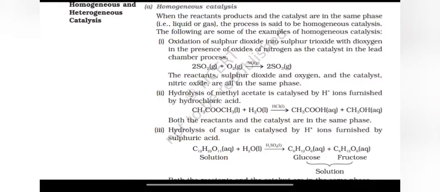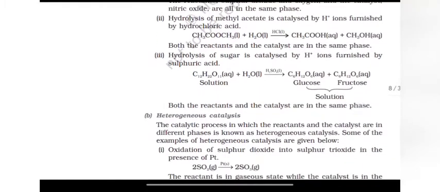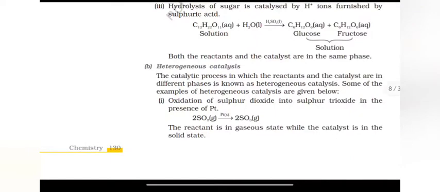The reactants sulfur dioxide and oxygen and the catalyst nitric oxide are all in the same phase. Hydrolysis of methyl acetate is catalyzed by hydrogen ions furnished by hydrochloric acid. Both the reactant and catalyst are in the same phase. Hydrolysis of sugar is catalyzed by hydrogen ions furnished by sulfuric acid. Both the reactant and catalyst are in the same phase.